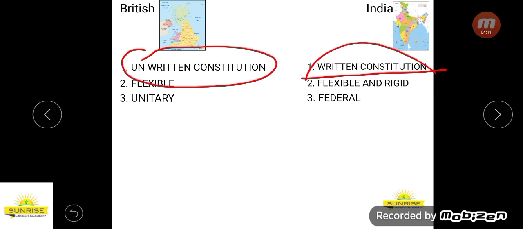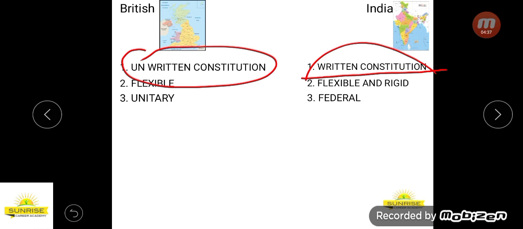The main reason for this is that it is based on conventions and political traditions which have not been laid down in any document, unlike a written constitution. When our Indian constitution was made, there was a constituent assembly that drafted it. But the British did not lay down any document.